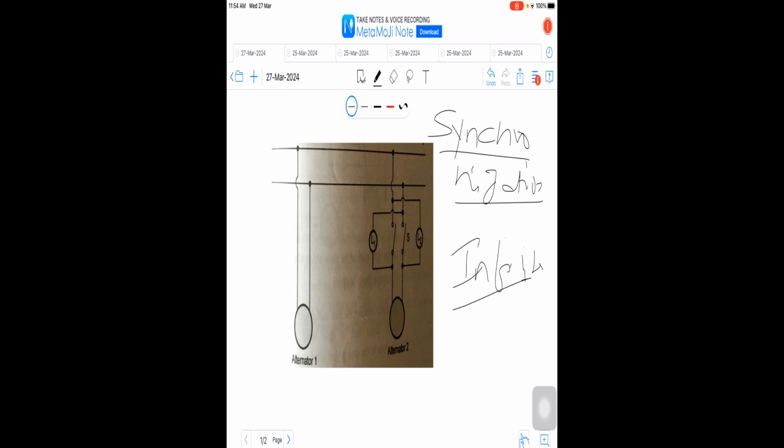When we talk about synchronization, there are a few necessary conditions. The first is that the terminal voltage of the incoming machine must be the same as the bus bar voltage.